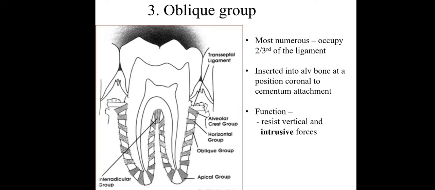Most of the forces which befall on the tooth are masticatory load or vertical forces. So most of the work is done by the oblique group of fibers to maintain the tooth in its position. This is the reason why we have an abundance of oblique group as compared to other fibers. Oblique group performs the most important function, so they are the most abundant in number.